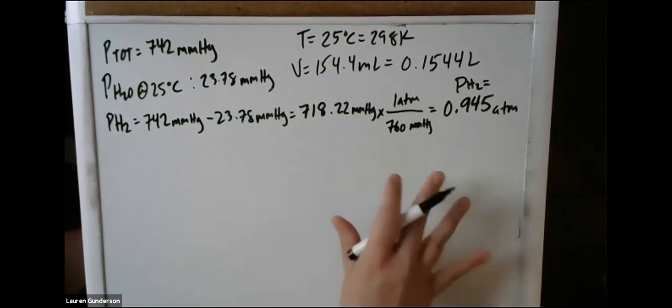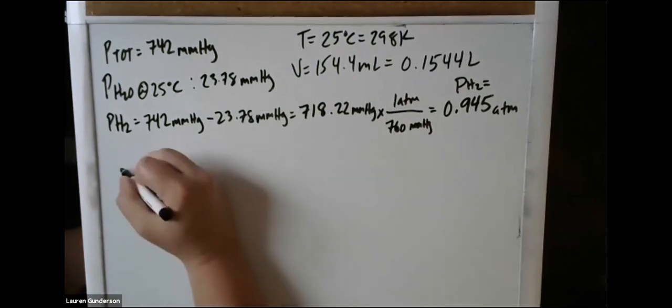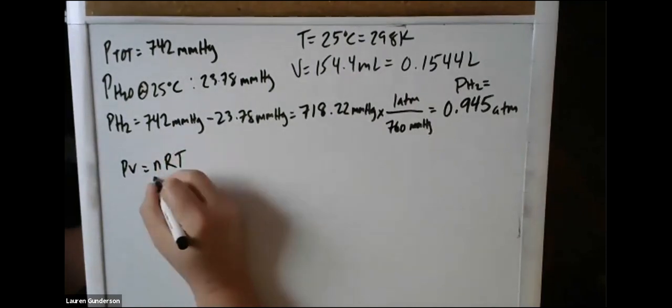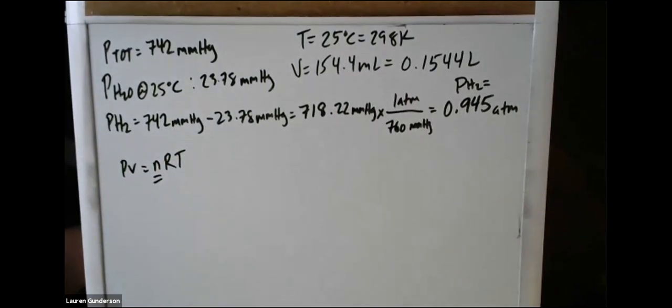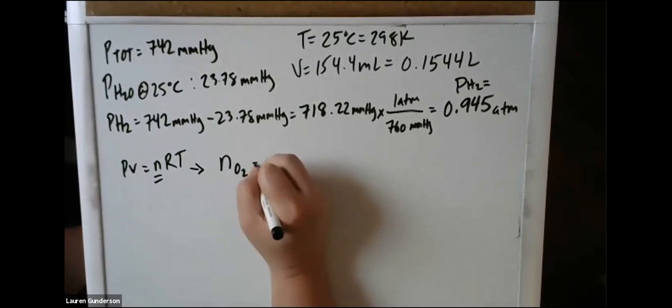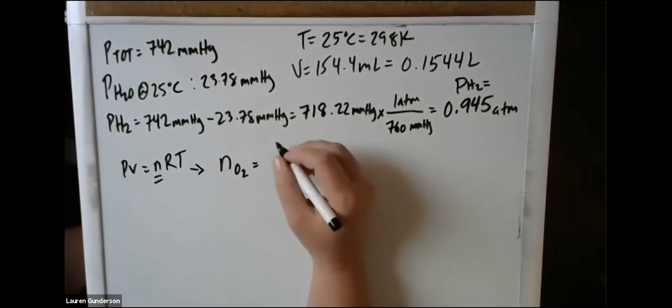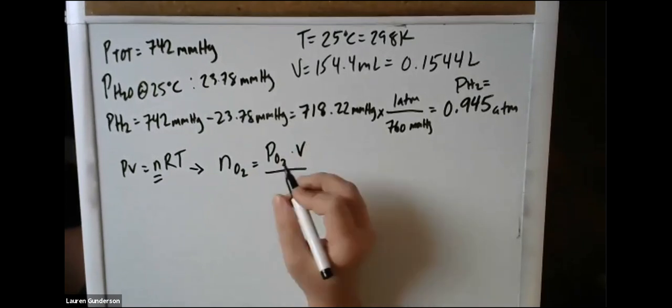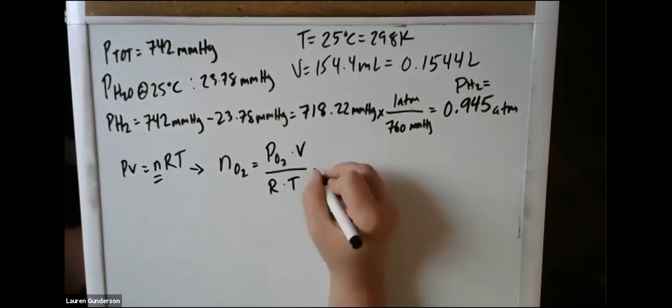Okay, so I have all this information now. Now I can take PV equals nRT and solve it for moles. So my moles of hydrogen are going to be pressure times the volume over R over T.